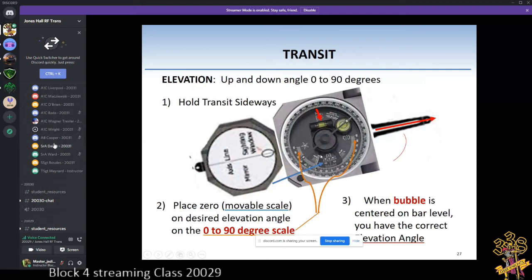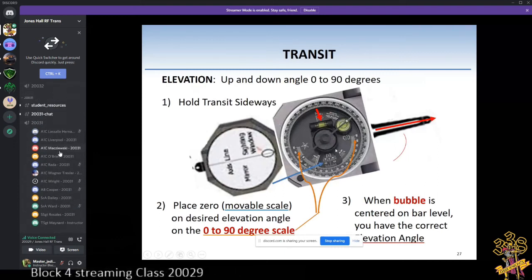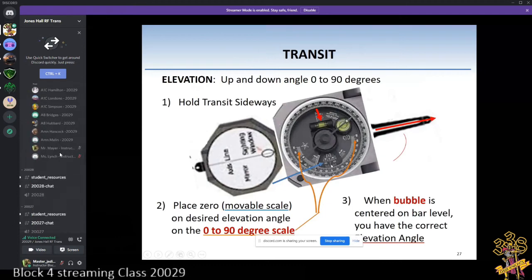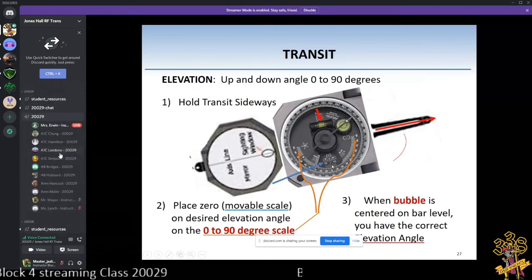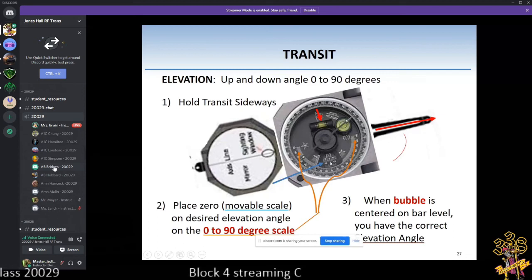You also have this movable scale here. I forget, it goes from 0, I think, to 30 or 60, I can't remember, but 0 is the only thing we're concerned with. On the back of the transit is a little lever that you can use to move this back and forth.